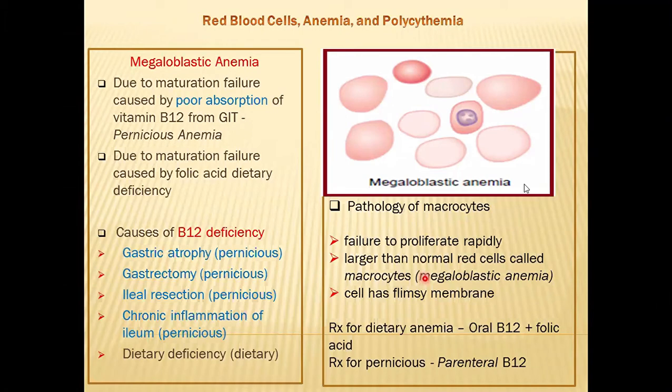Okay. So for treatment of dietary anemia, you give oral B12 plus folic acid. Then if you have the pernicious type, since absorption is difficult in this condition, the B12 is given parenterally, or by injection, as injectable B12. Okay.